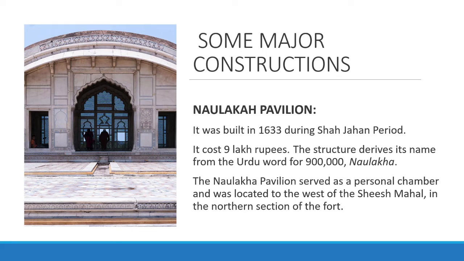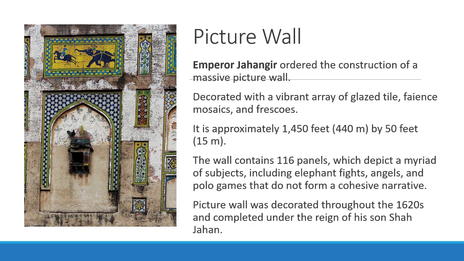The Nolakka Pavilion served as a personal chamber and was located to the west of Sheesh Mahal in the northern section of the fort. Picture wall. Emperor Jahangir ordered the construction of the massive picture wall. It was decorated with a vibrant array of glazed tiles, faience, mosaics and frescoes.